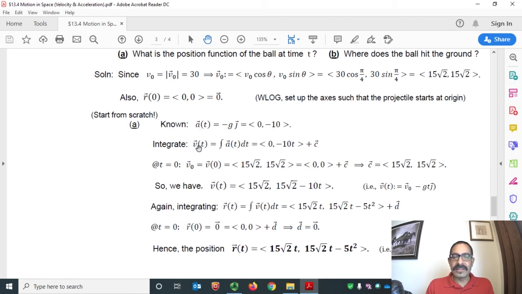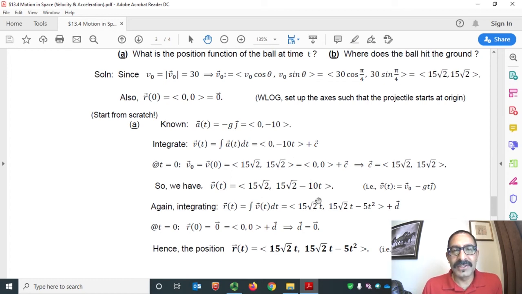Then integrate the acceleration. Then to find the value of this c, evaluate at t equals 0. This turns out to be c equals the vector 15 radical 2, 15 radical 2. Then substitute this back here. Then our velocity v of t equals the vector with components 15 radical 2, 15 radical 2 minus 10t.